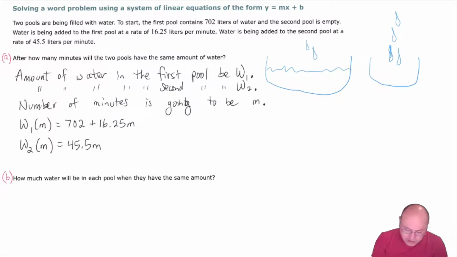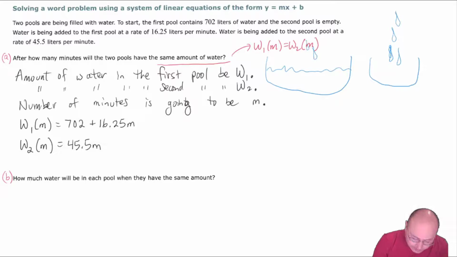In other words, same amount of water really asks us to look at this equation. W sub 1 of m is equal to w sub 2 of m. Why don't we do that? When the two amounts of water are identical, we get this equation.